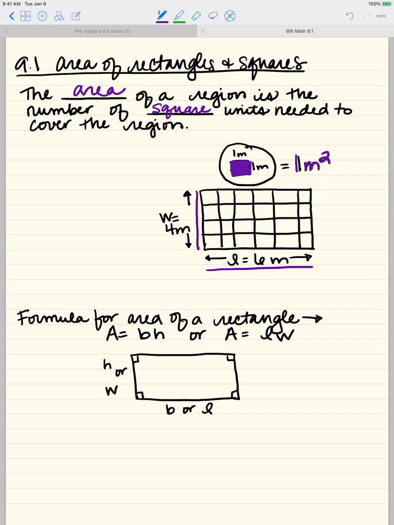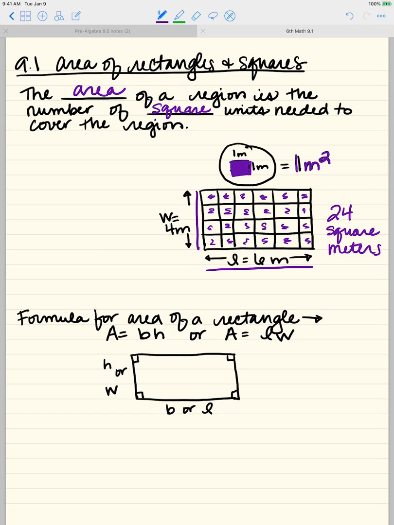If you simply just counted those squares, you would get 1, 2, 3, 4, 5, 6, 7, 8, 9, 10, 11, 12, 13, 14, 15, 16, 17, 18, 19, 20, 21, 22, 23, 24 squares. So there are 24 square meters in this rectangle. Okay?